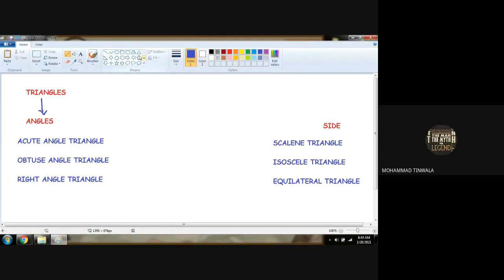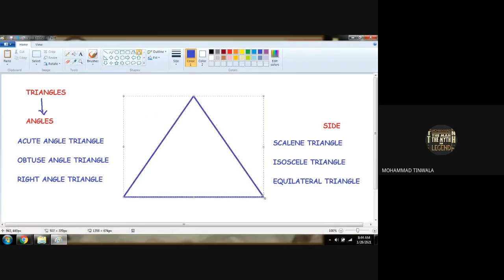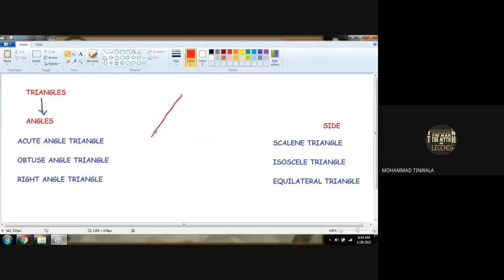Chalo. Now triangles on the basis of sides. Okay. What do these triangles mean? If this is 6 centimeter, all sides equal. Chalo, I am drawing an example right here.